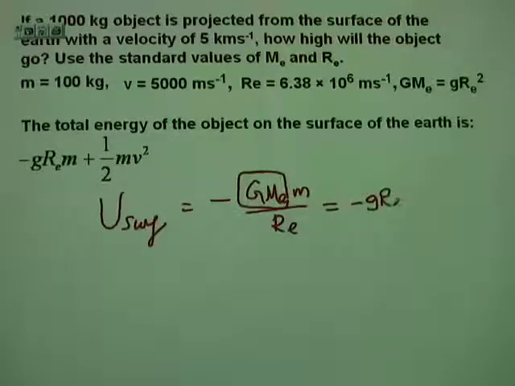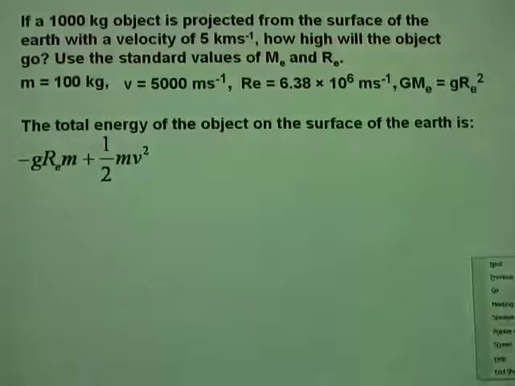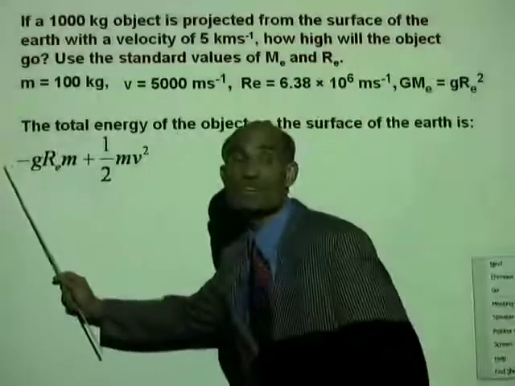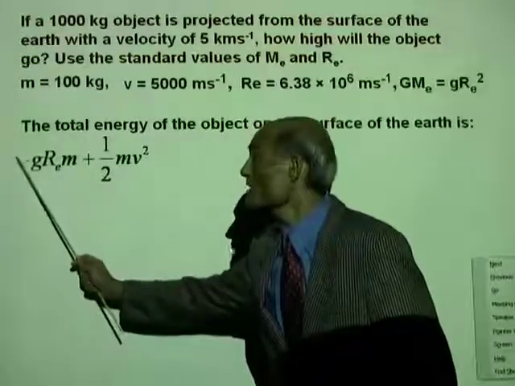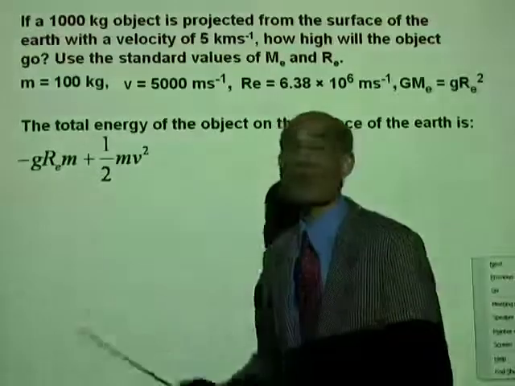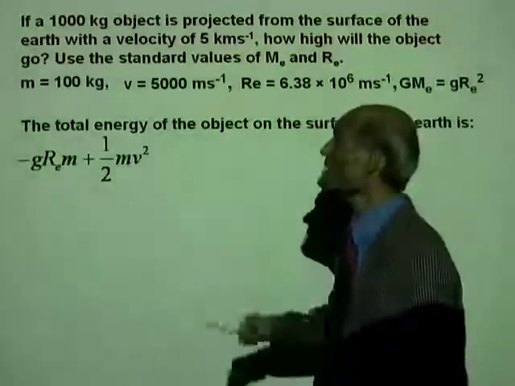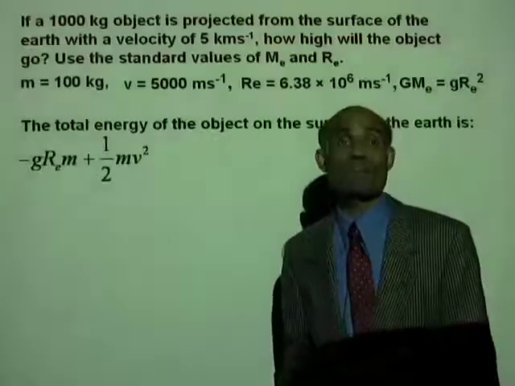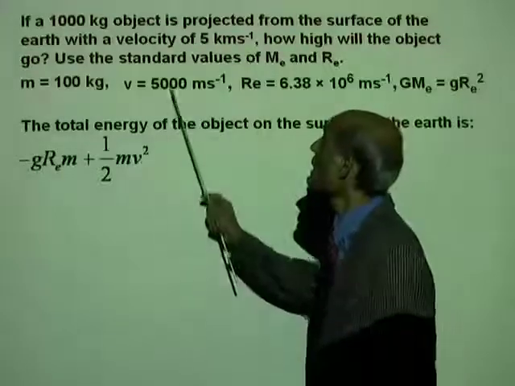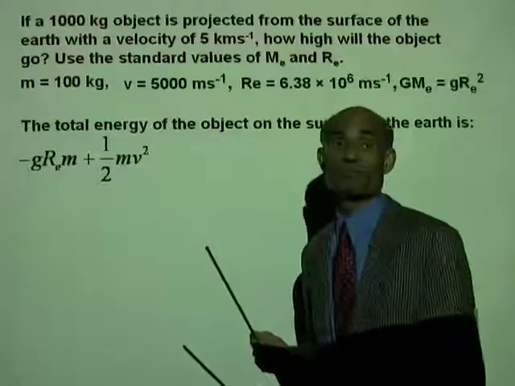Negative GRE squared M over RE, and 1 RE on the denominator and 1 RE on the numerator will cancel, leaving us with this: the potential energy on the surface of the earth is negative GREM, and the kinetic energy is 1/2 mv squared, where v we know.